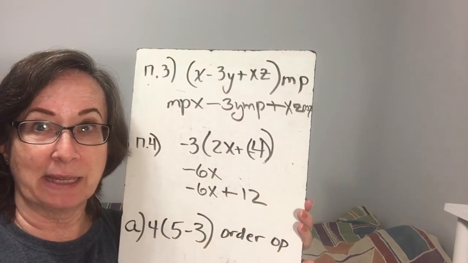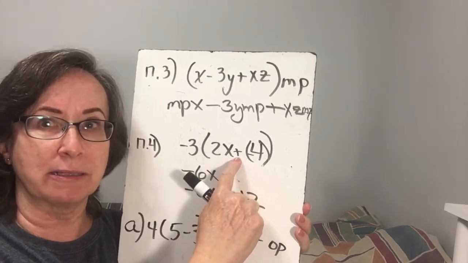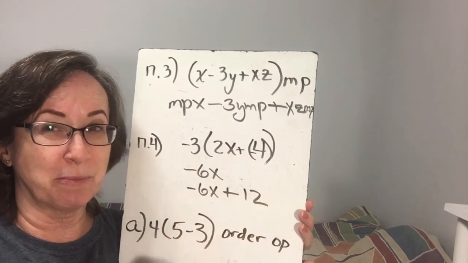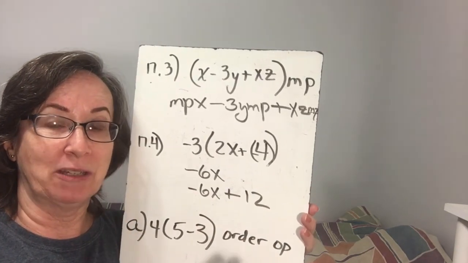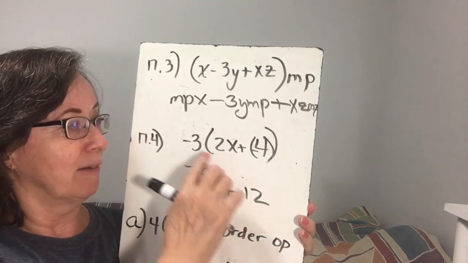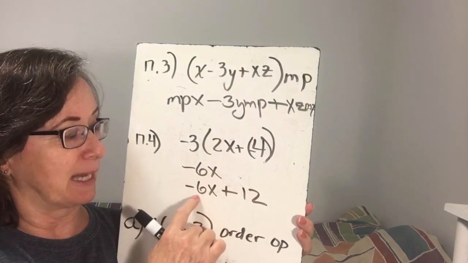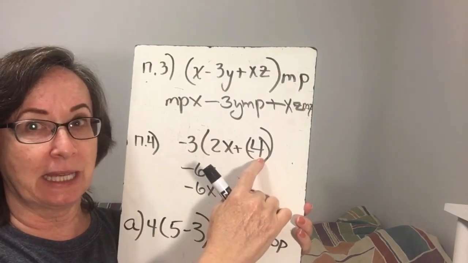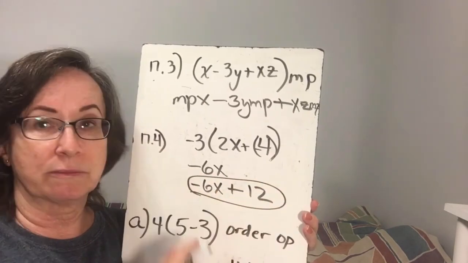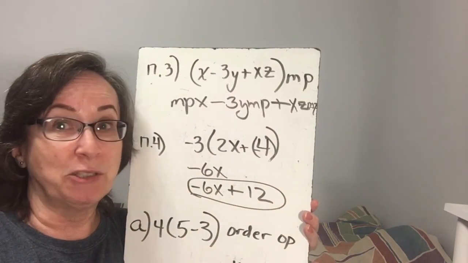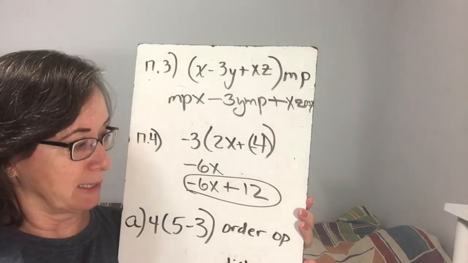It's exactly the same thing, whether I have the minus in the front or whether I attach the minus and put a plus here. Subtraction is addition of the opposite. All right, so now I get negative 6x, and negative 3 times negative 4 is positive 12. To me, that's faster. But you can do it either way because they're both correct.